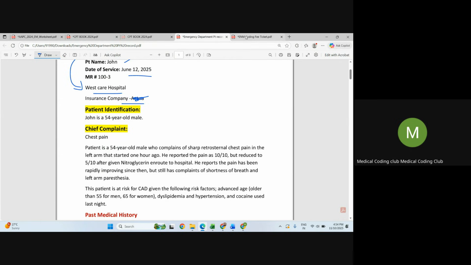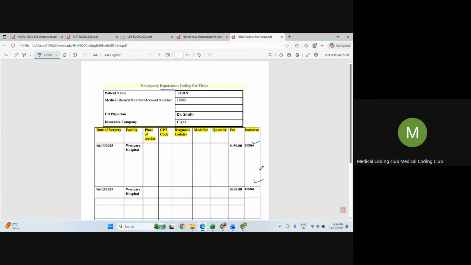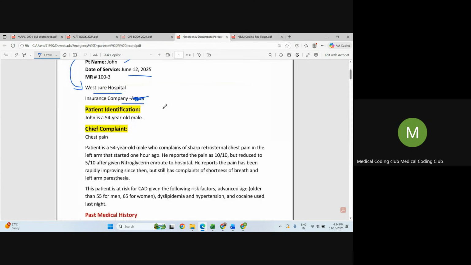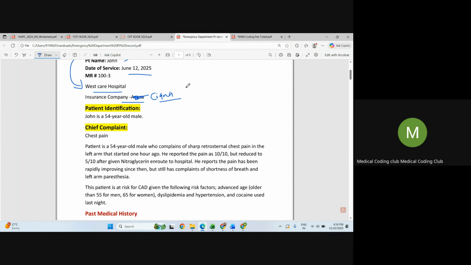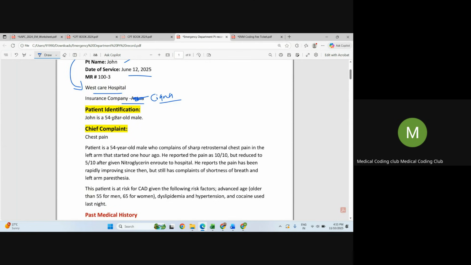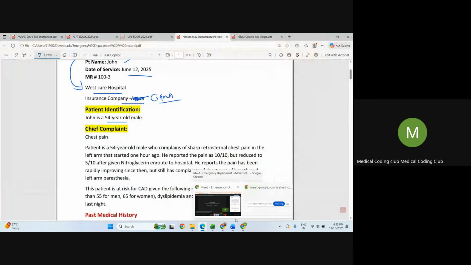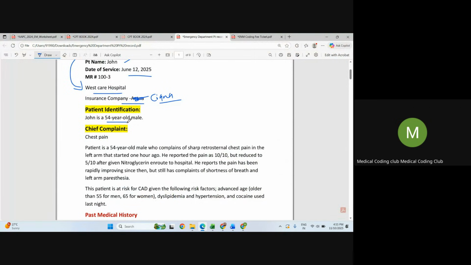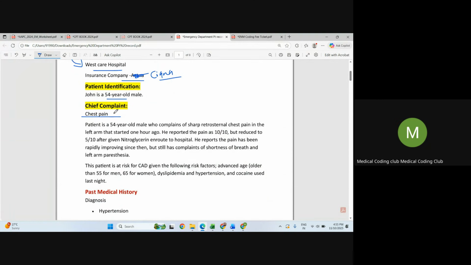I think I changed it to Cigna because I opened the fee ticket for Cigna, so let me make it Cigna. The insurance company is Cigna, and the patient age is 54 years. I think my screen is visible. John is a 54-year-old male patient, and today's chief complaint is chest pain.